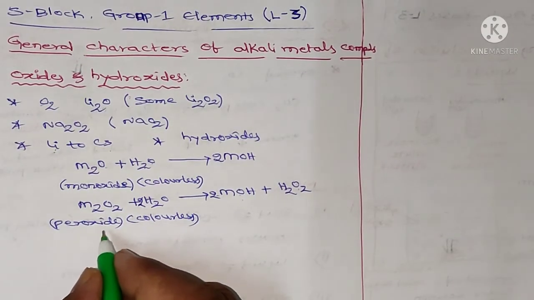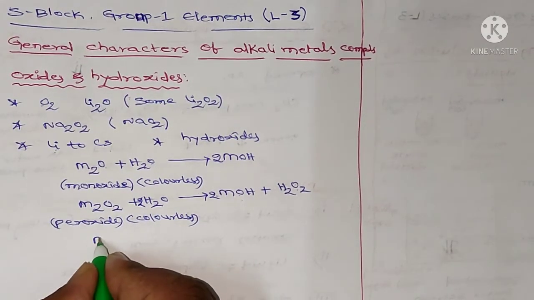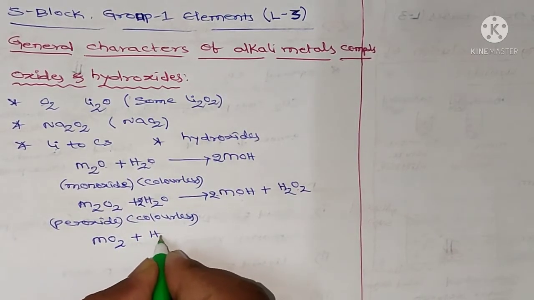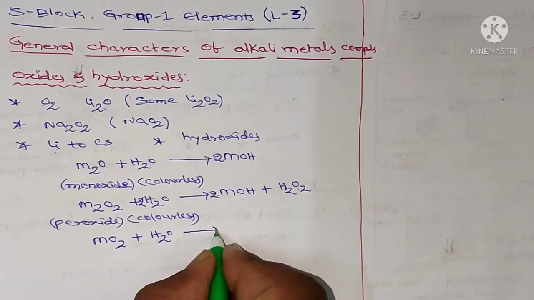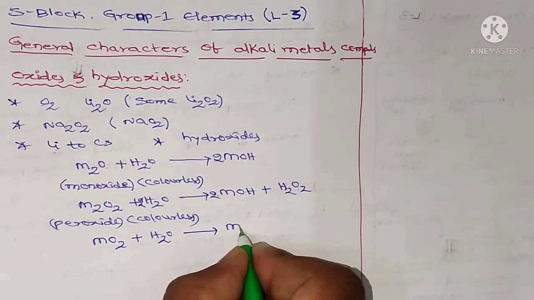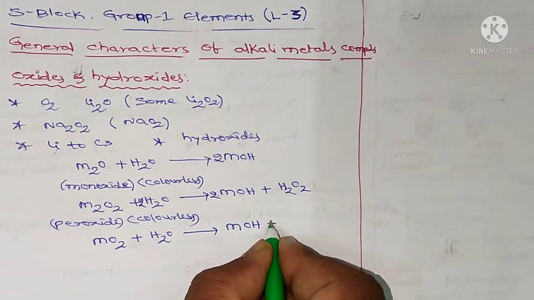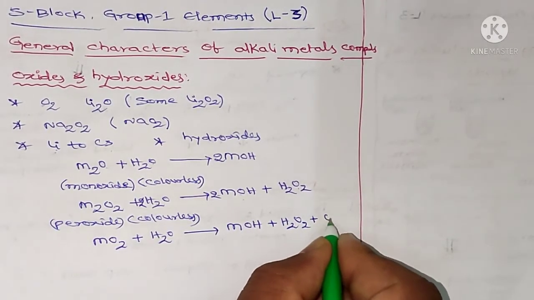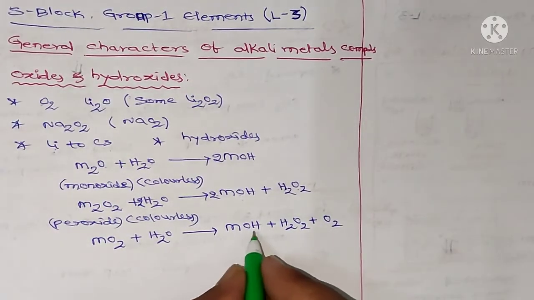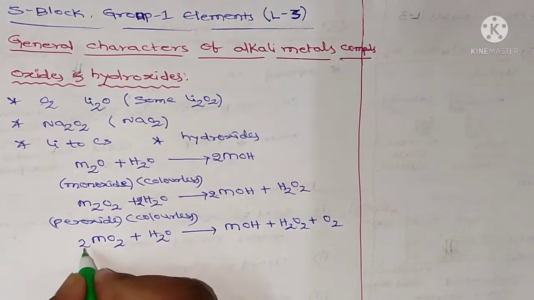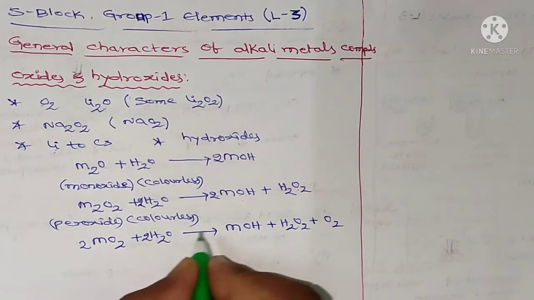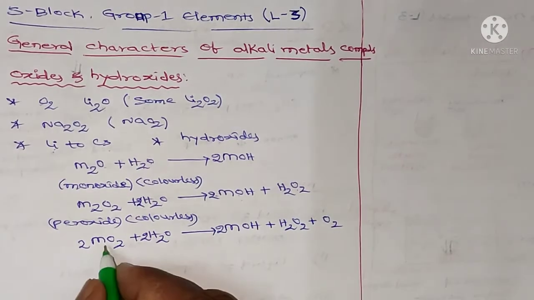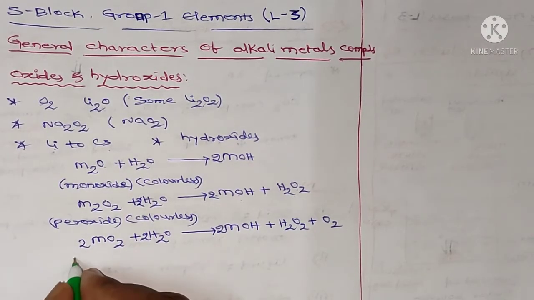Next, the superoxide, general formula MO2. This superoxide reacts with water to form metal hydroxide plus hydrogen peroxide plus oxygen. To balance the equation, take 2, and 2, and 2. Now it is the balanced equation.